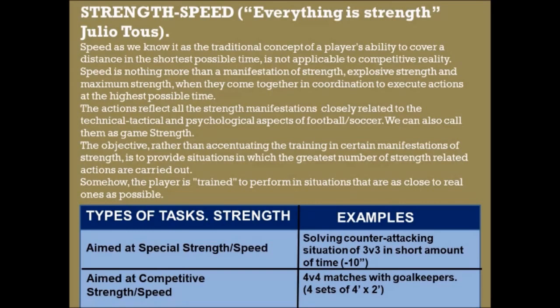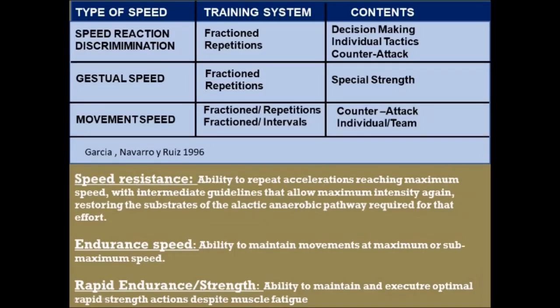So the types of tasks of strength aim at special strength speed, for example, solving counter-attacking situations with 3v3 in a short amount of time, aimed at competitive strength speed, 4-against-4 matches with goalkeepers. These are specific tasks of strength. Types of speed now.